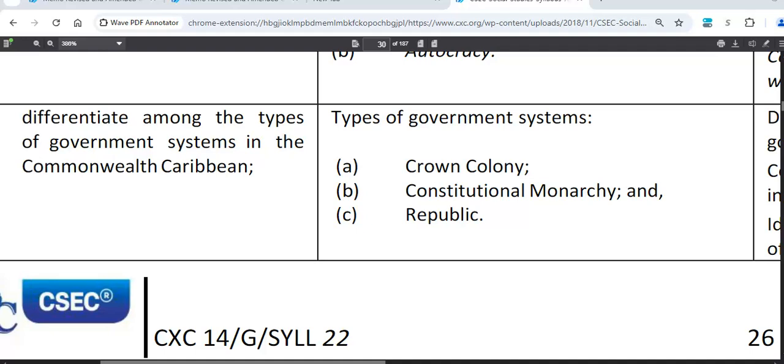Now, from Crown Colony, many countries started to adopt the constitutional monarchy type of government. When universal adult suffrage, the right for people over the age of 18 to vote, was granted to colony countries right after the Second World War, different factors led to the urgent need for political reform, meaning that countries were asking to become independent.